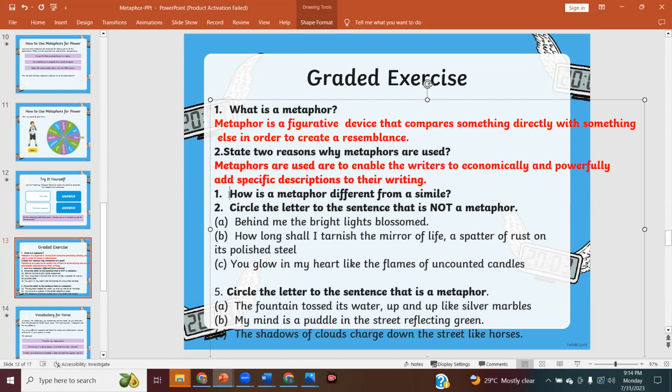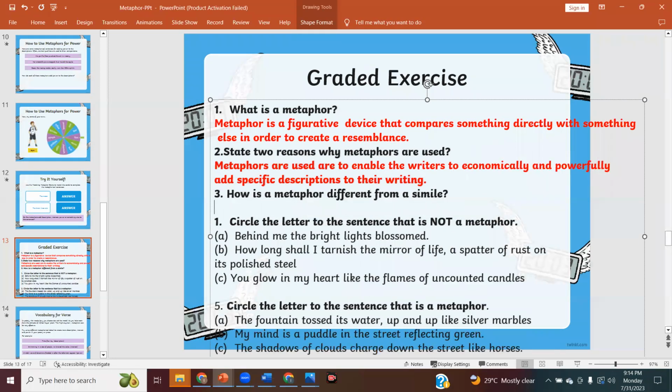All right, now number 3. How is a simile different from a metaphor? A simile is a figure of speech. It's a comparison of two things using like or as.